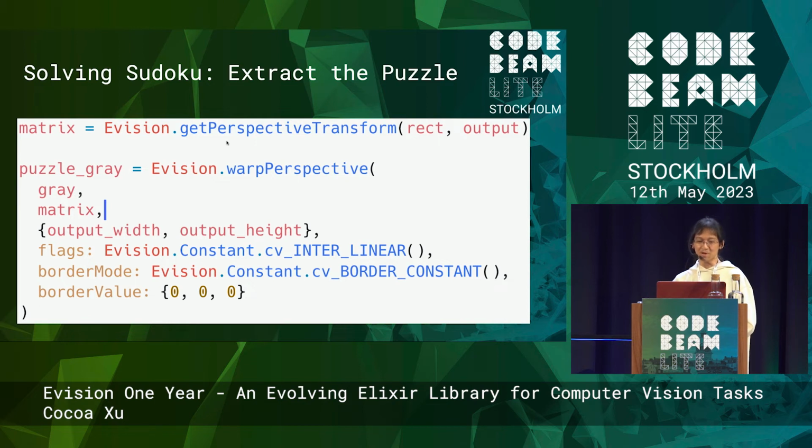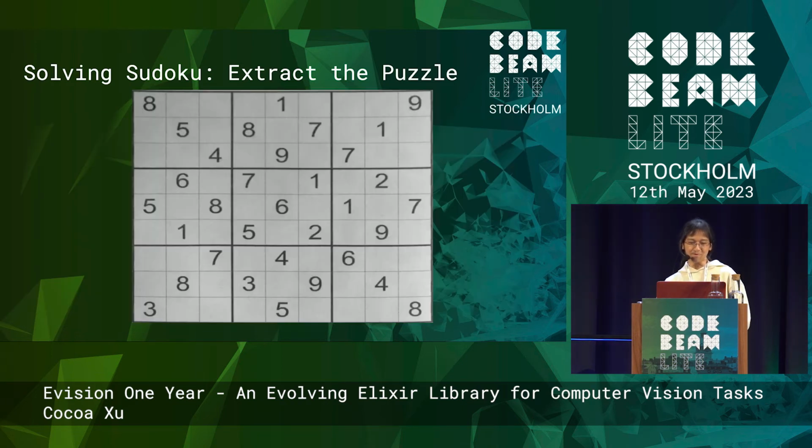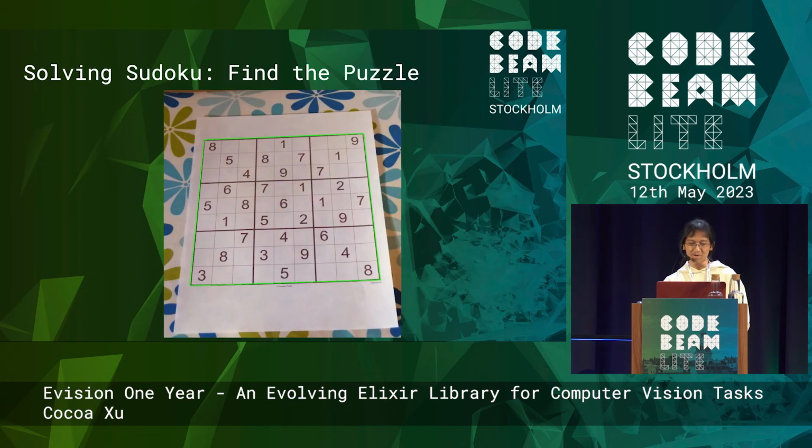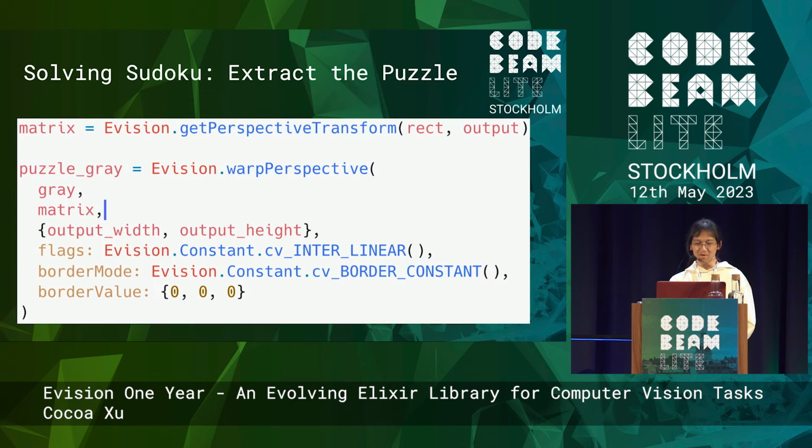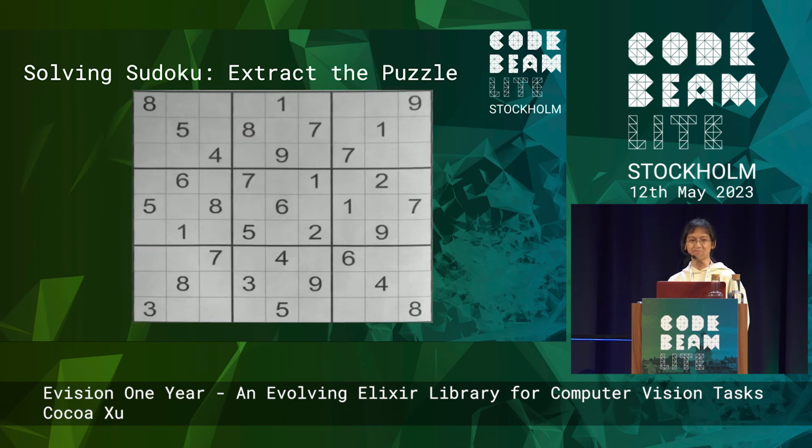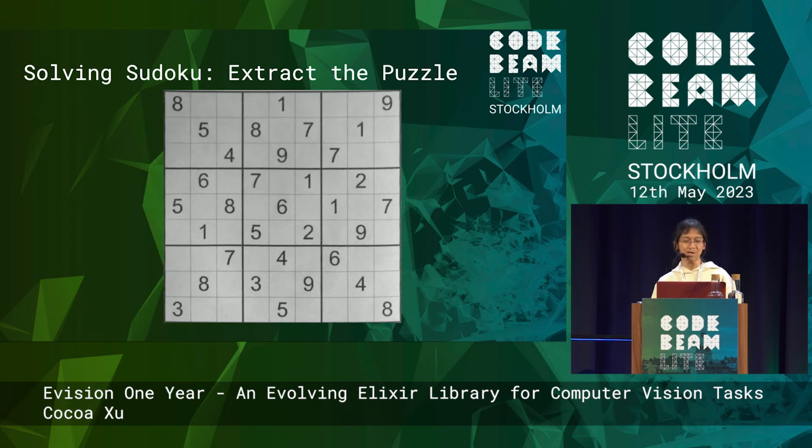Basically, we need to find the perspective transform matrix, and then we need to warp perspective so that we can get the front view, so that we can transform it from this angle to a front view. And then, since we know that the Sudoku puzzle is 9 by 9, we can make it a square, to make our life easier when extracting each cell in the puzzle.